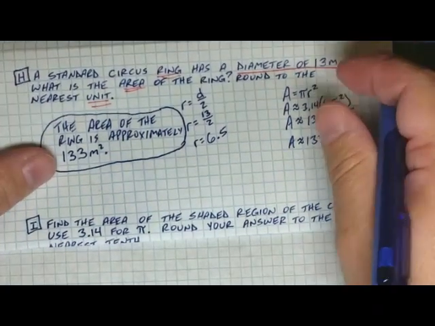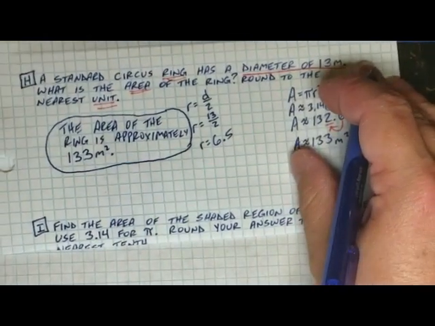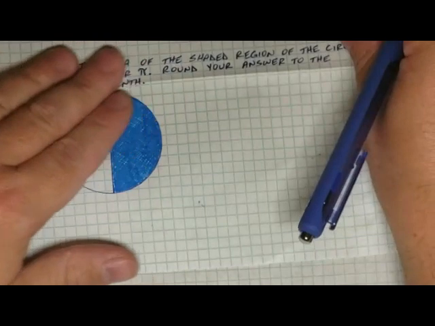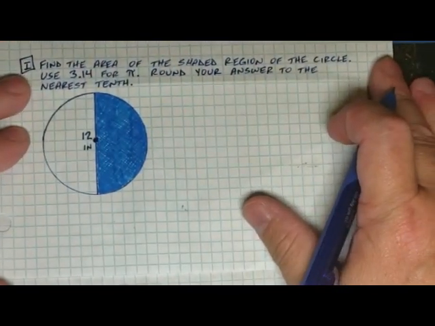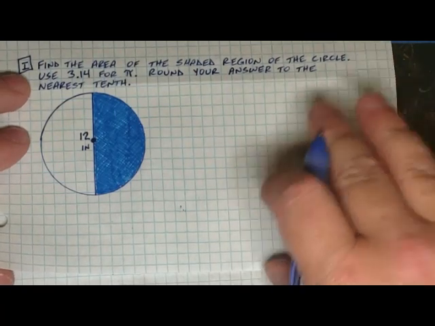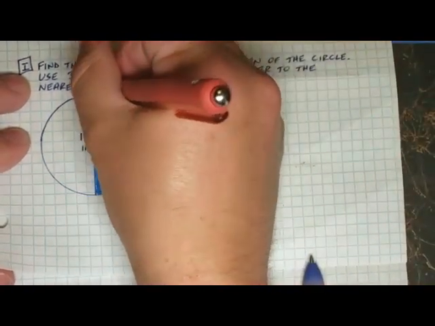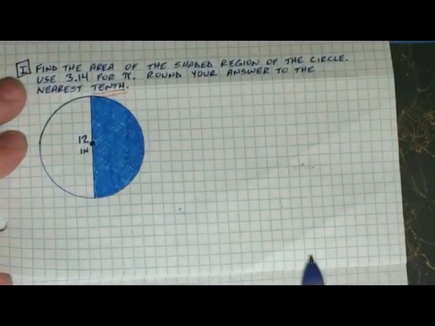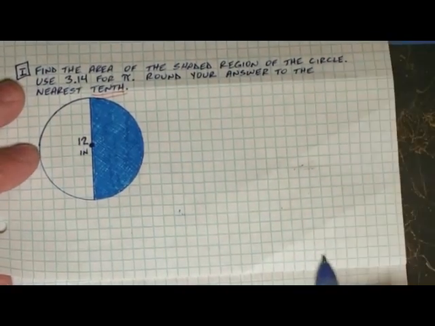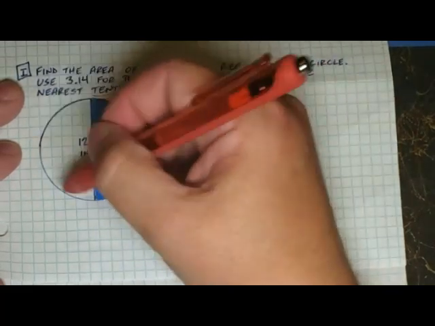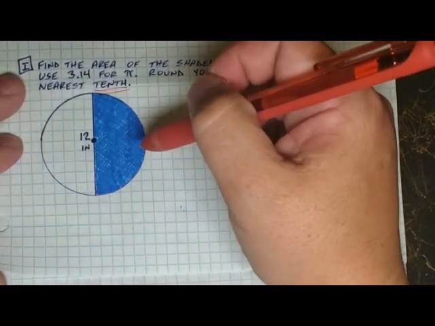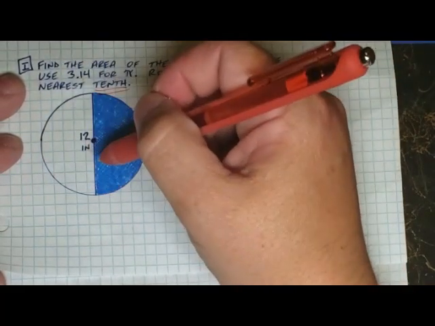All right, last one. Letter I says, find the area of the shaded region of the circle. Use 3.14 for pi. Round your answer to the nearest tenth. First, let's look at this shaded region. The whole shape is a circle.